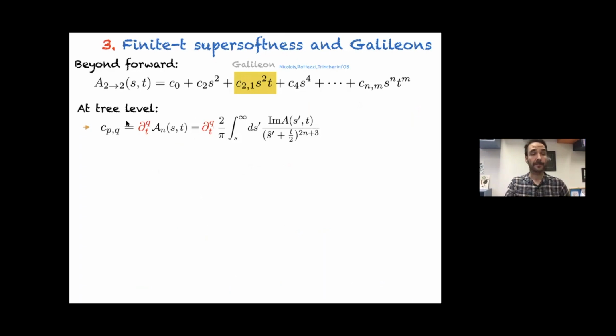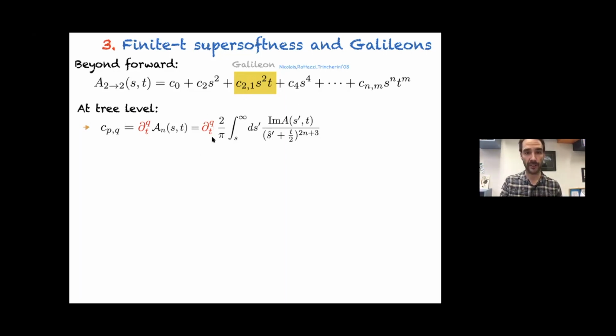At tree level, these coefficients can be mapped to derivatives of some arc defined at finite t. The definition is very similar to what I've been mentioning before, just done at finite t and exploiting the fact that the amplitude for very small t is analytic in S.